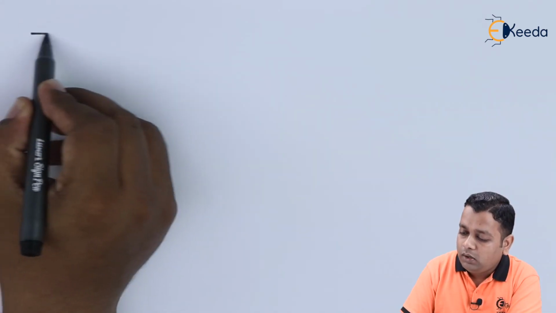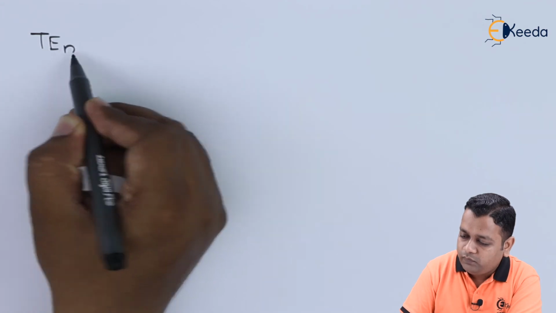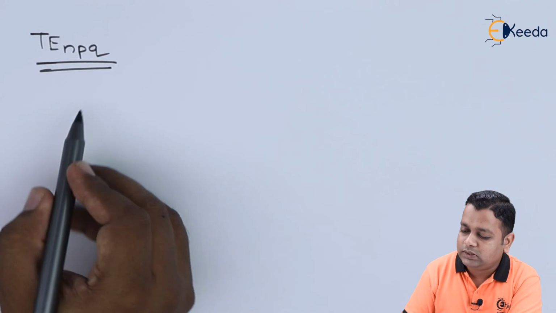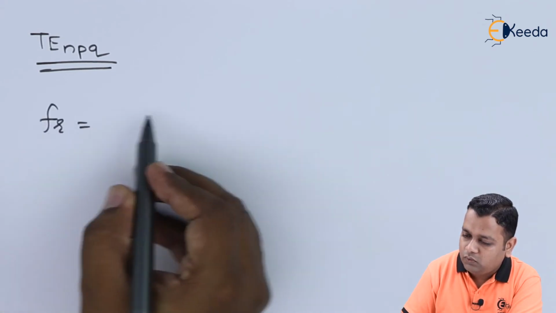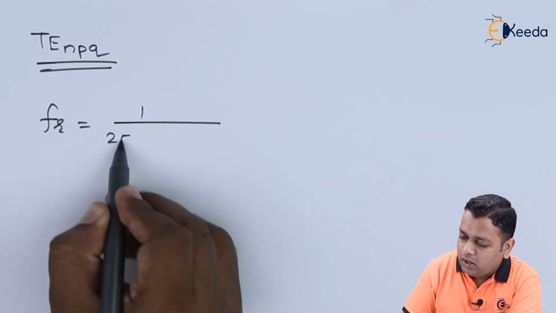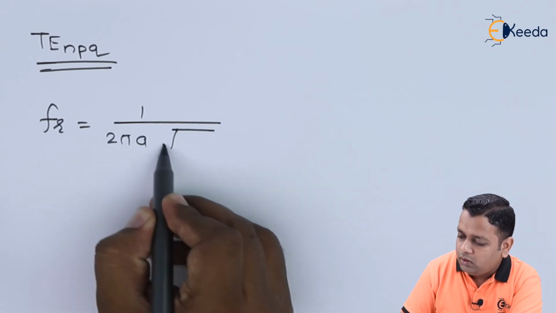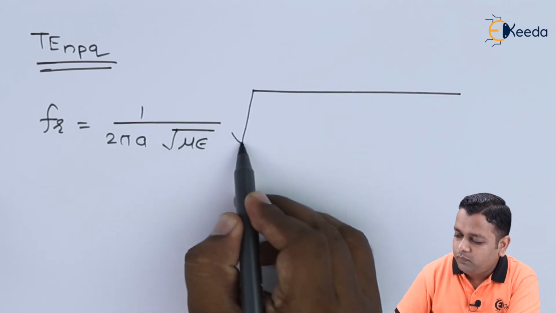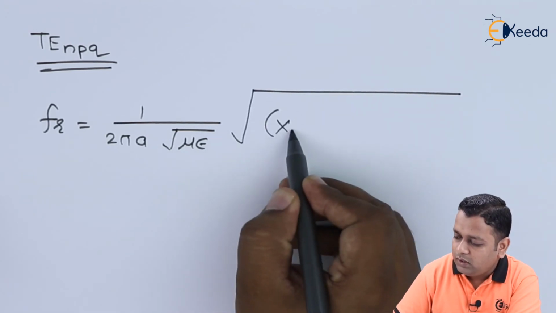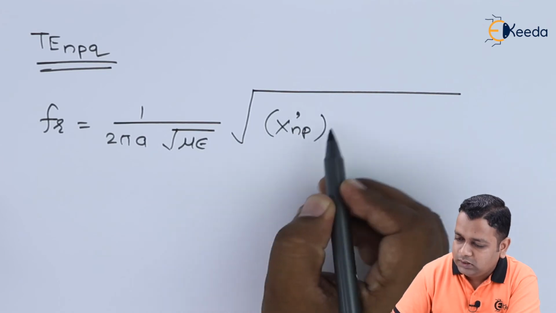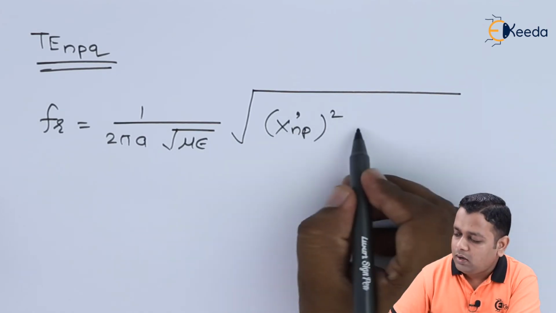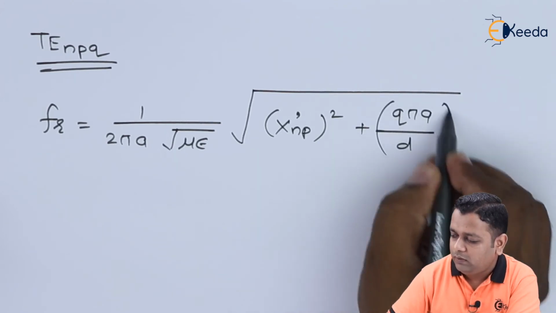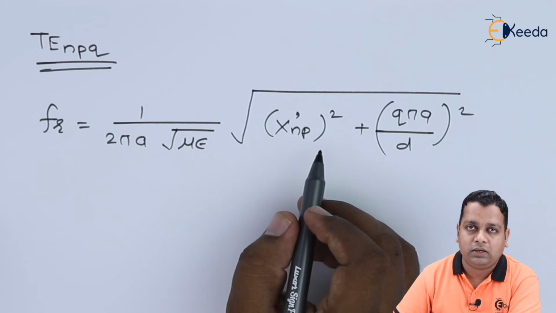Therefore for the TE suffix npq mode, we have the resonant frequency given by fr is equal to 1 upon 2 pi a under root of mu epsilon, in multiplication to the square root of capital X suffix np dash, which is squared, and added with q pi a divided by small d. The ratio is also squared here.